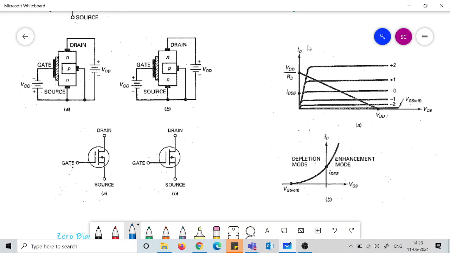In the output characteristics, previously for the JFET it was limited till VGS equals 0, till this curve. But now we can have +1, +2 like this. We can have more curves here. And whatever load line you have due to the arrangement of the network elements can intersect any of these curves, and whichever VGS you have selected will decide the Q point.